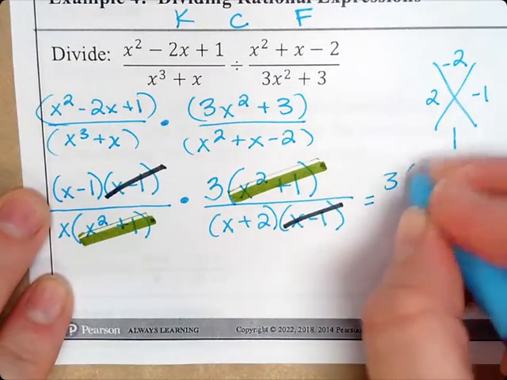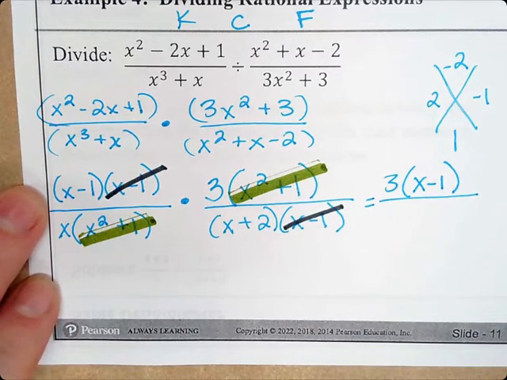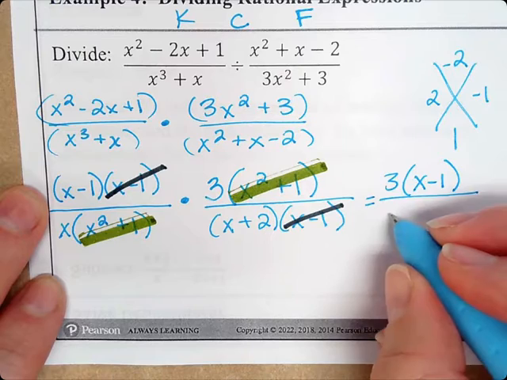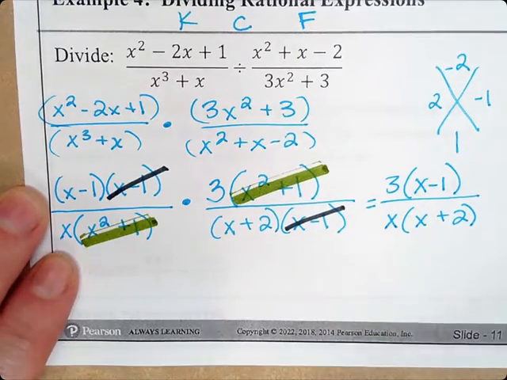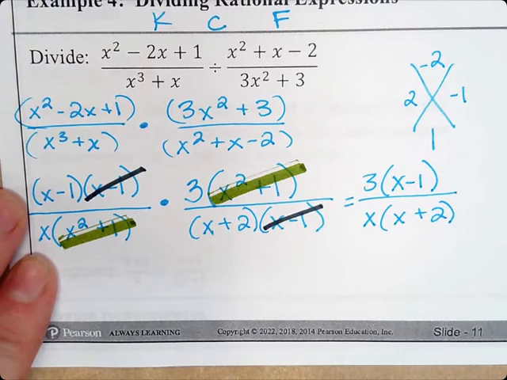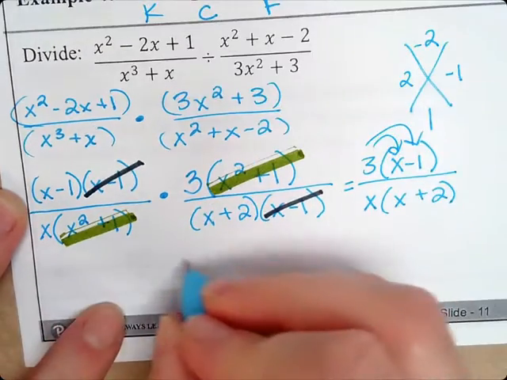So it's going to be 3 parentheses x minus 1. And then on the bottom, we have x plus 2. Oh, I forgot to write what we can't have. We'll come back to that. Our exclusions. And then we need to go ahead and multiply these. So we'll do some distributing.